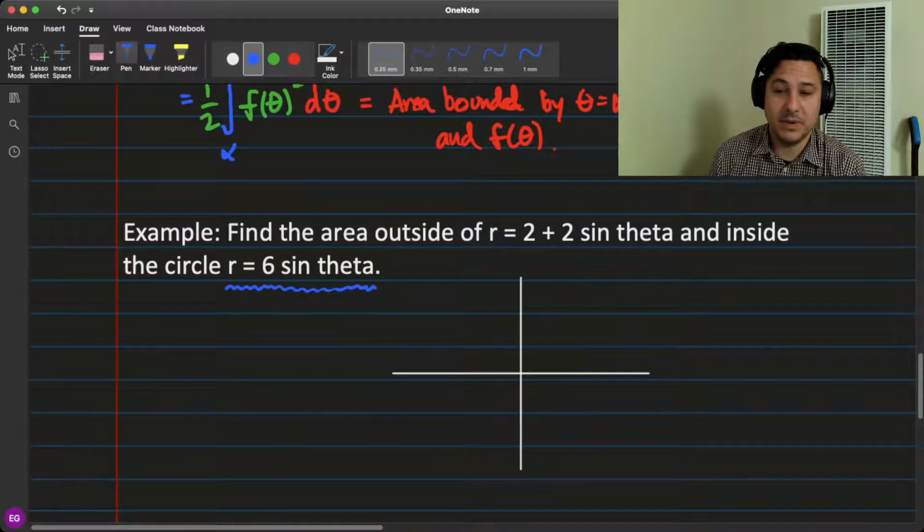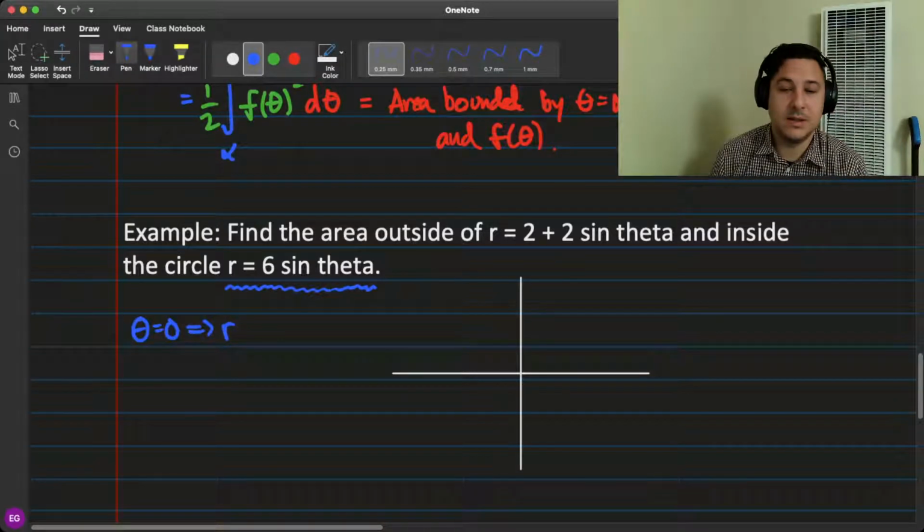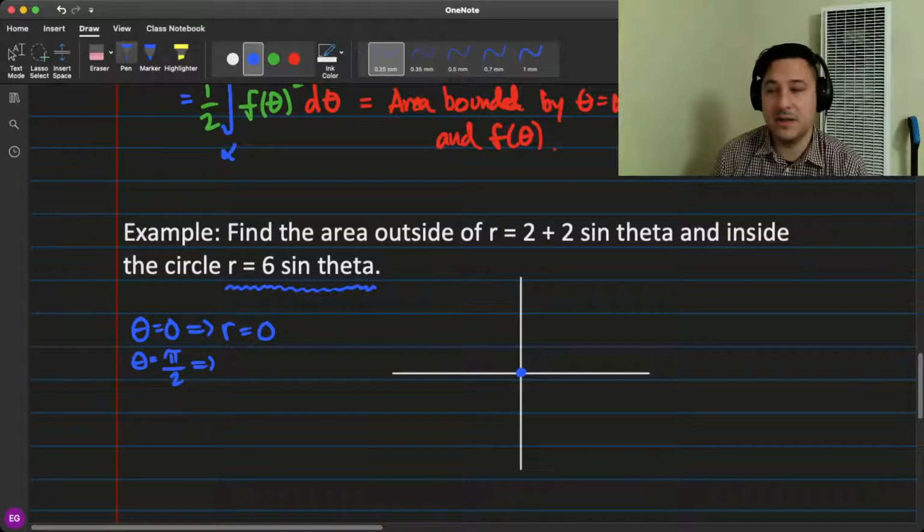So let's just start by plugging in theta equals 0. If theta is 0, what do you get for r? Sine of 0 is 0. 6 times 0 is 0. So you get a point right here. Let's plug in theta equals pi over 2. What's sine of pi over 2? 1.